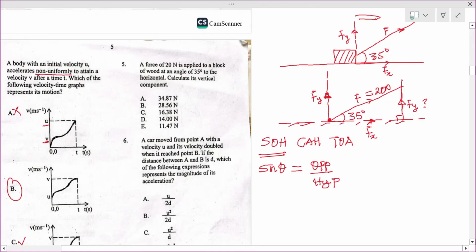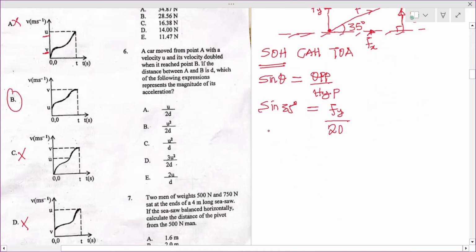Now, in this question, what is opposite? The opposite is my Fy. So I'm going to have sine 35 degrees equal to opposite, which is Fy, all over hypotenuse, which is 20. So all I need to do is to cross multiply, right? Fy over 20, using the scissors method, I'll cross multiply.